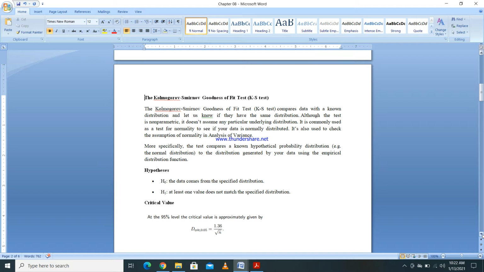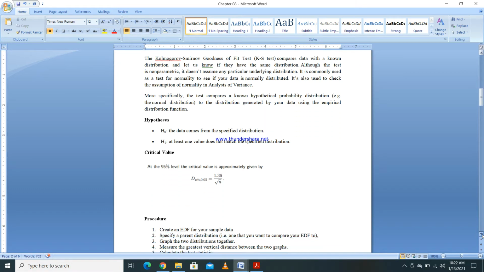We have KS critical value tables, but since we mostly use the 95% confidence level, we can use this formula to calculate the critical value: 1.36 divided by root n.